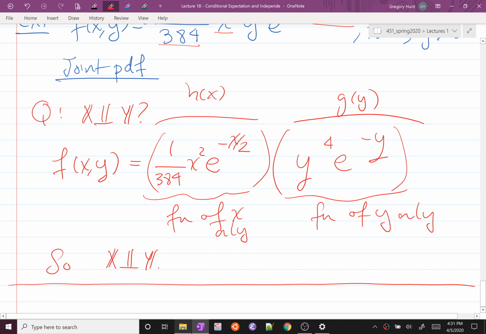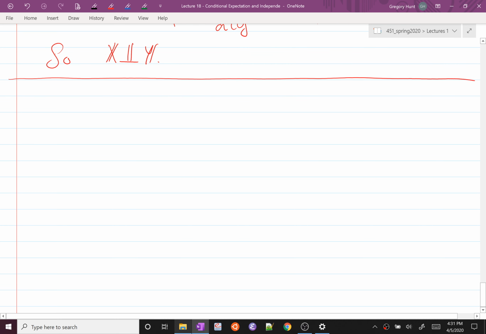So we talked about conditional bivariate expectation, conditional expectation. What does independence say about expectation? Here's the powerful theorem that we all want. Theorem: expected value for independent random variables.